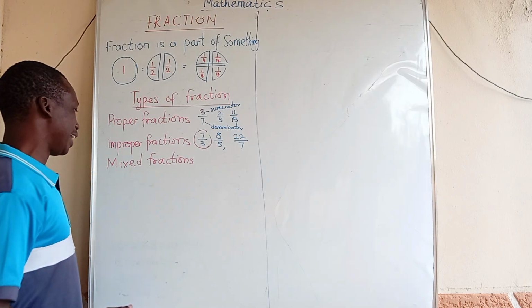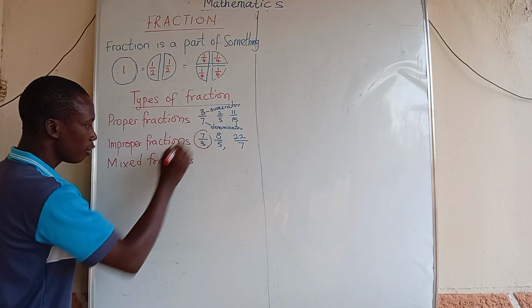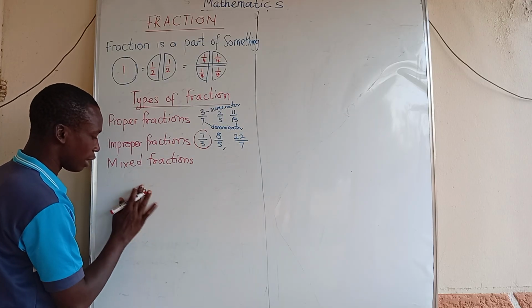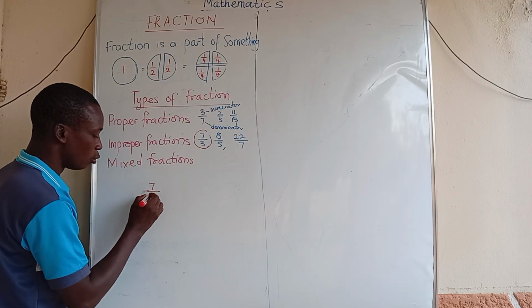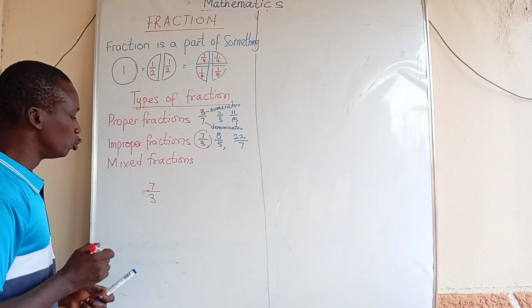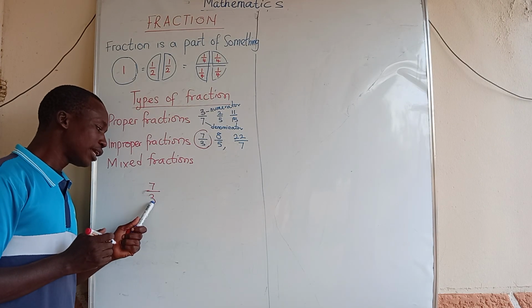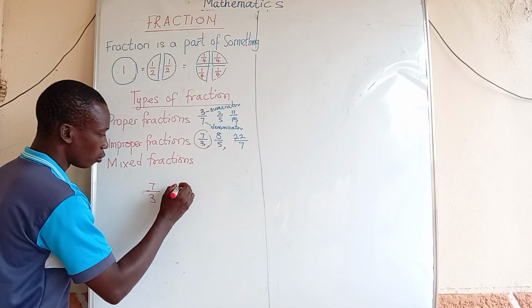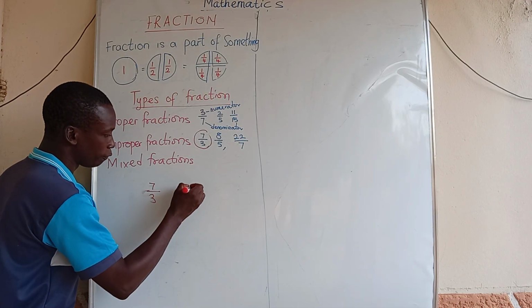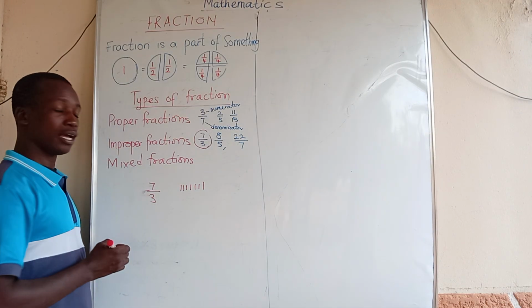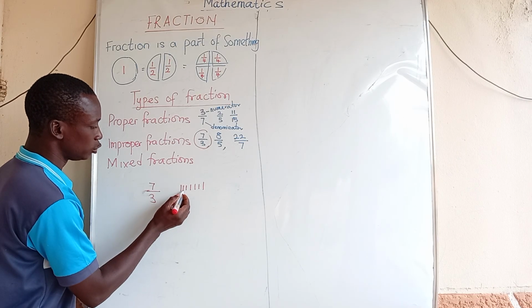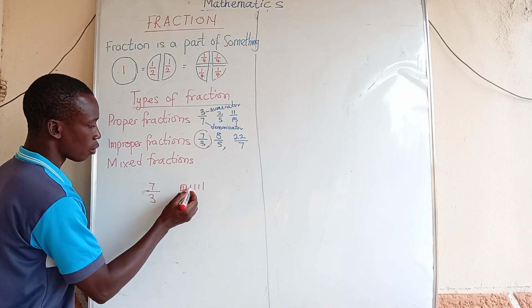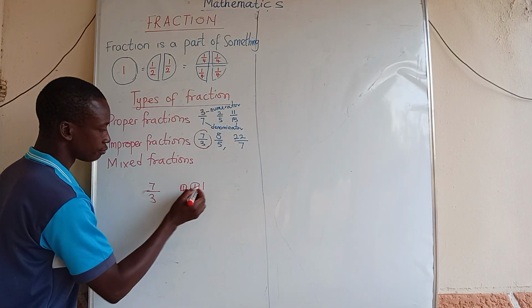And how do we do that? We have 7 over 3. We are going to use 3 to divide 7. We count 7: 1, 2, 3, 4, 5, 6, 7. And then we divide it: 1, 2, 3; 1, 2, 3.